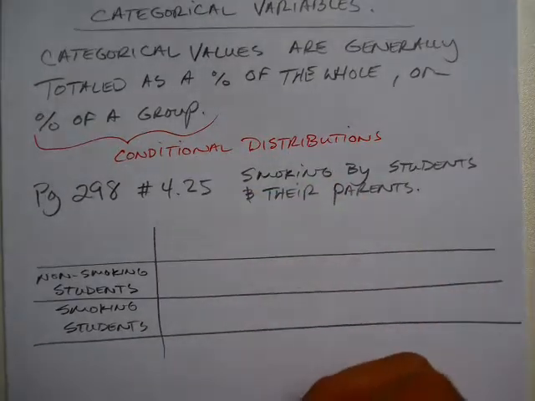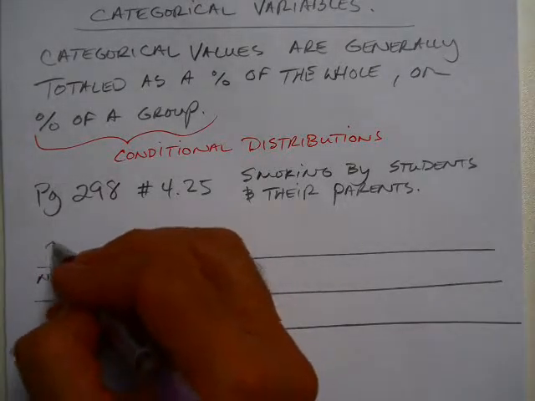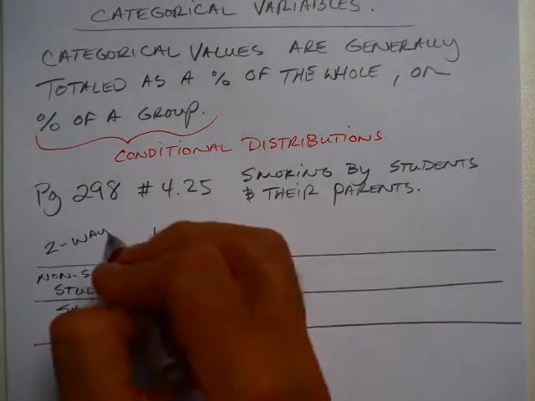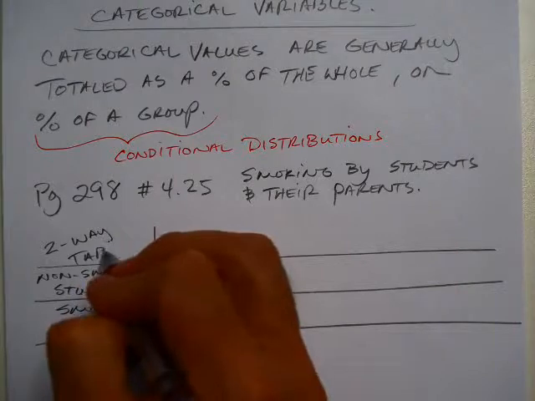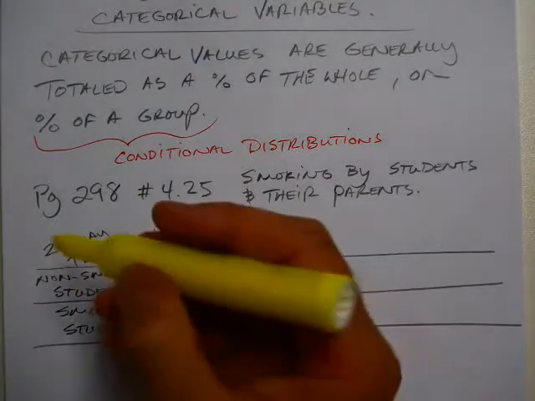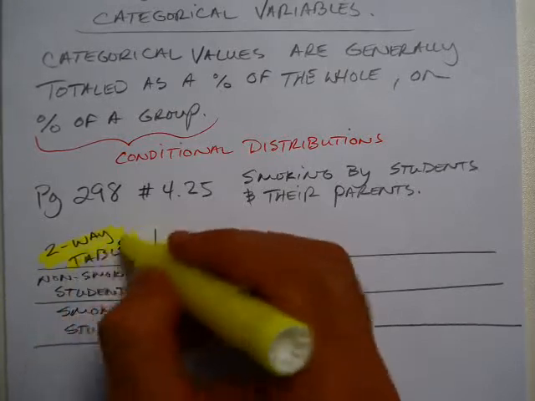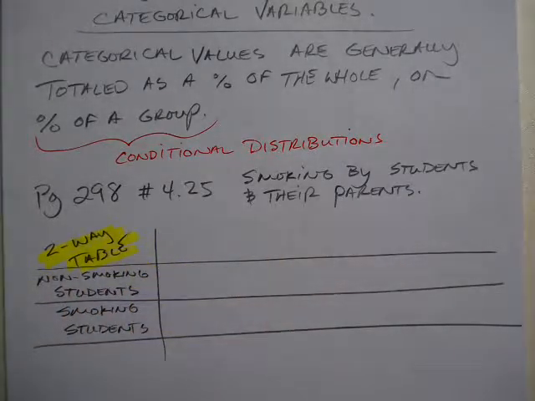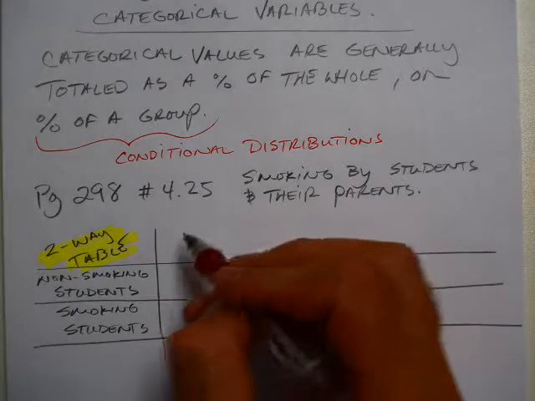What I'm making here is called a two-way table. I think it's entirely possible that you've seen some version of this somewhere along the line in your past, but compared to what we learned the other day, this is completely different and quite easier, I think.